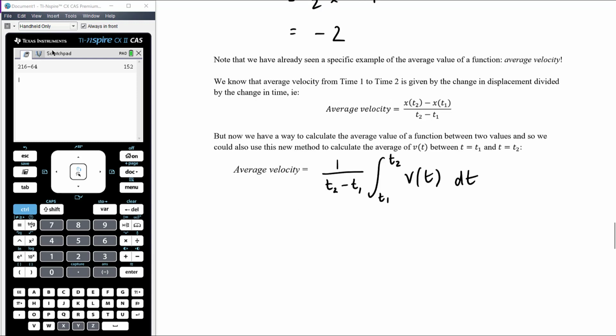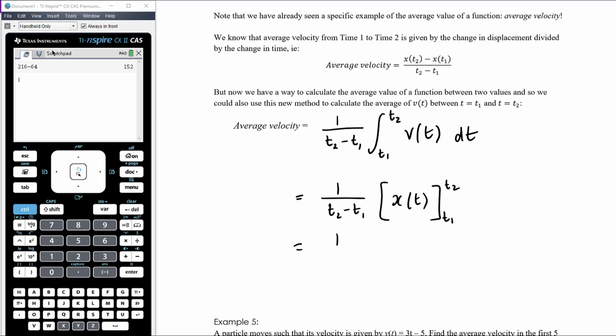But then if we think about how we actually evaluate that, the antiderivative of velocity is displacement. And then we would sub in time 2, so x at time 2 minus the displacement at time 1.